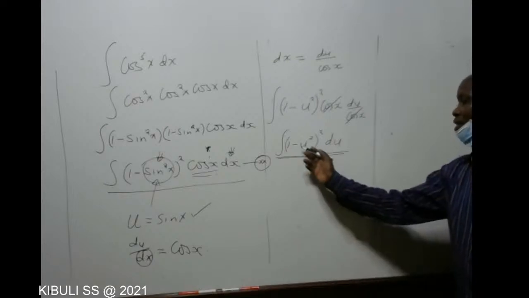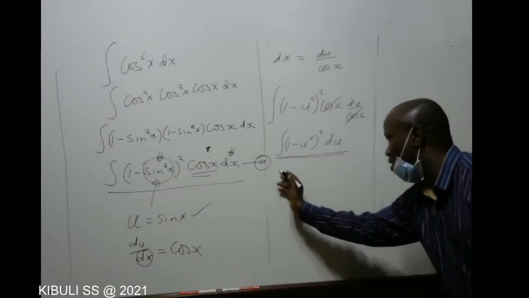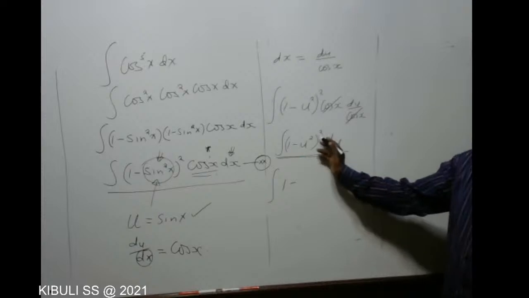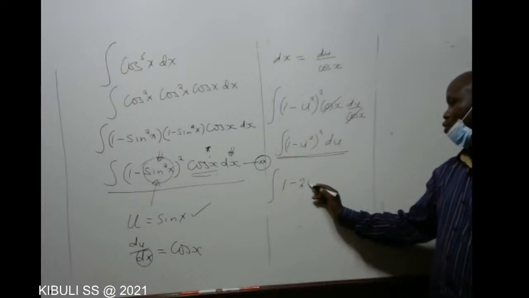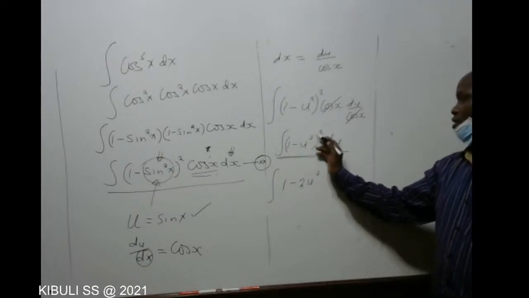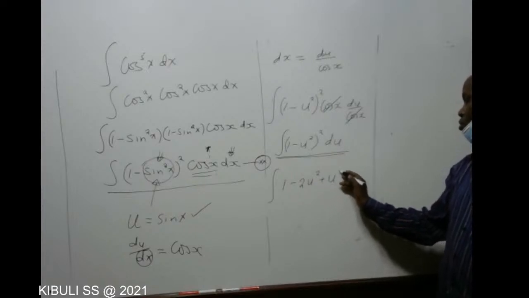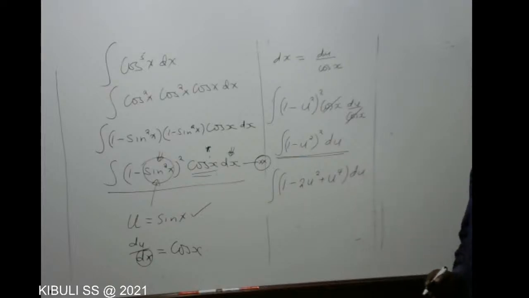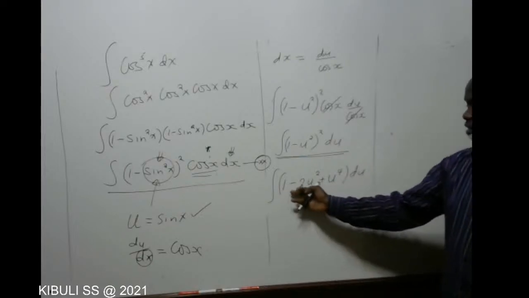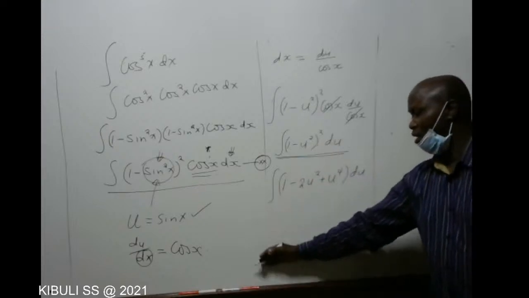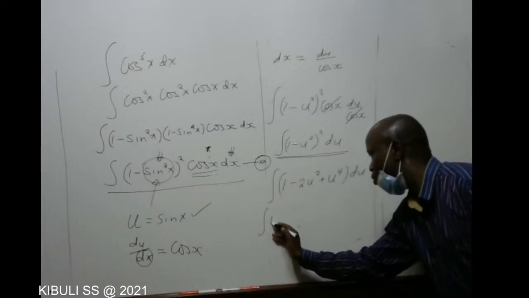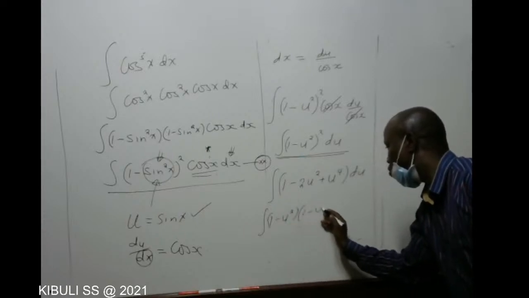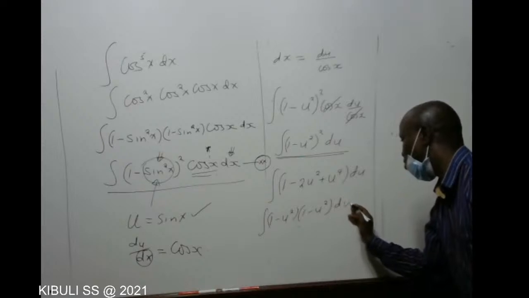This is going to be 1 minus u squared, all squared, which is 1 minus 2u squared plus u power 4, du. But assuming you don't have this identity, then expand it locally: the integral of 1 minus u squared into 1 minus u squared du.